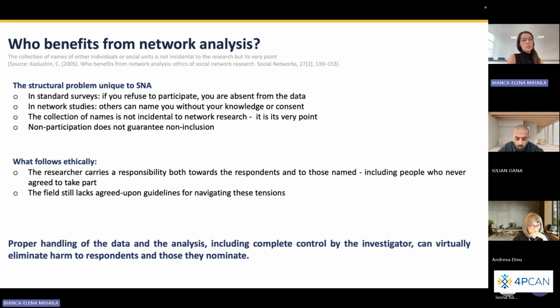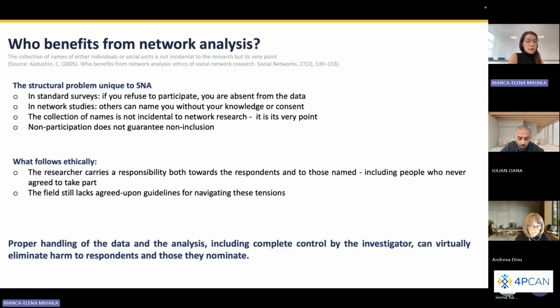And of course, the answer is somehow uncomfortable, because there is this idea that only academic researchers benefit from the results by publishing or by receiving citations. Organizations and society may benefit, but of course, this is a somehow structural problem that does not have an easy solution.